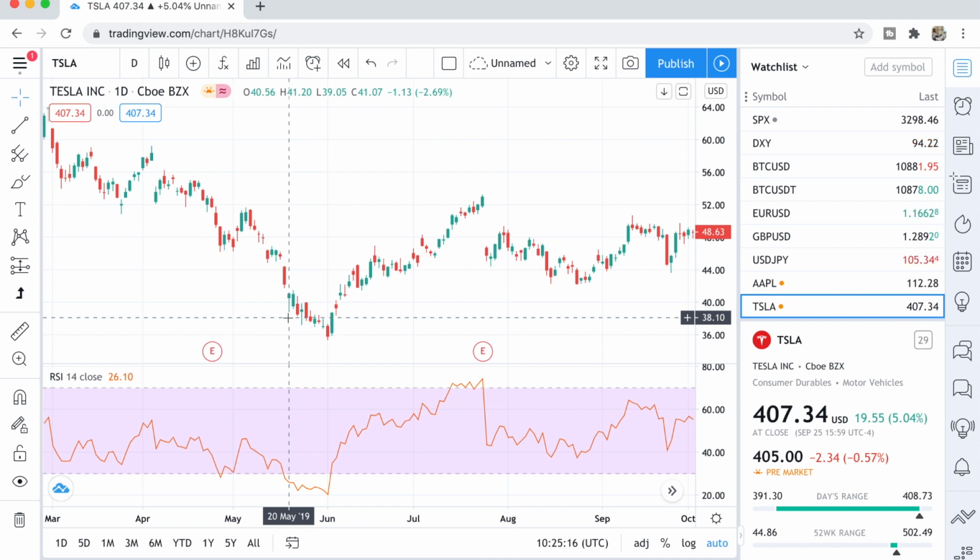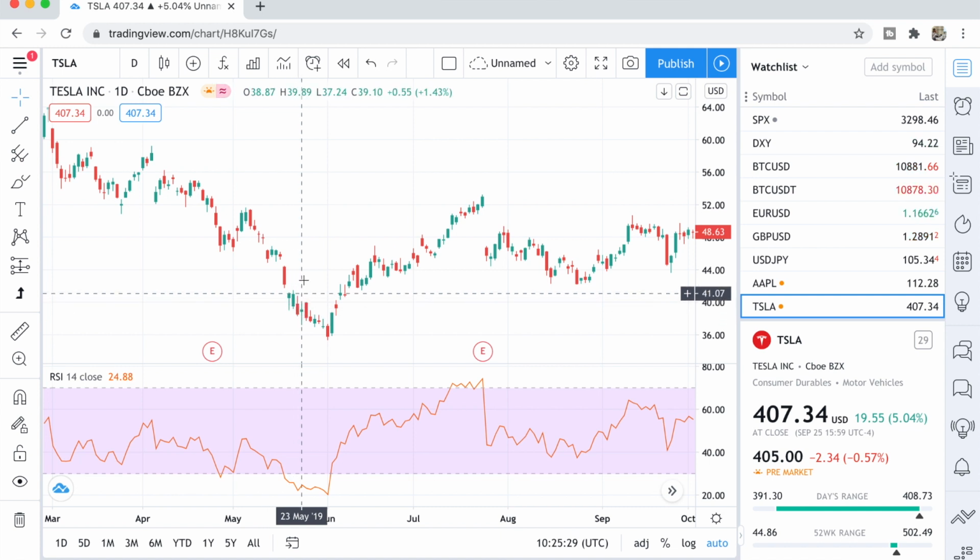So this is a good example where the price of Tesla goes below 30, but it continues going down because there's a lot of sellers still in the market. Although buyers are kicking in, there's not enough buyers to overwhelm the sellers, so the price continues to fall. There's a lot more supply than there is demand at this point.